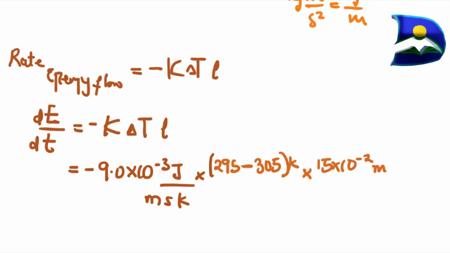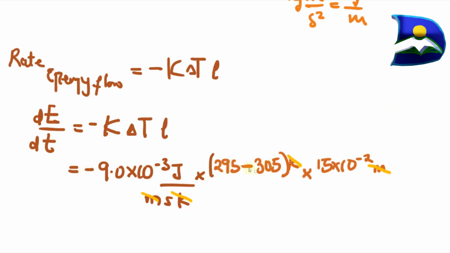And so in this case, we're able to eliminate some of these variables. The meters cancel out our meters, and our kelvins cancel out our kelvins. And what we have in this case is negative signs canceling out.